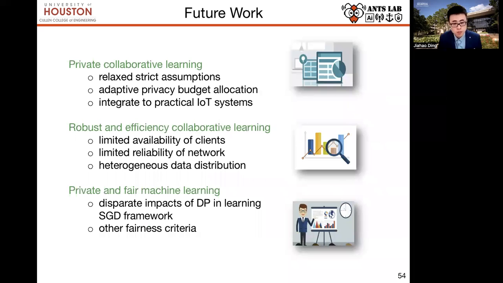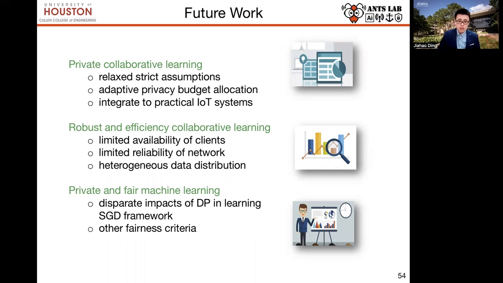In my future work, I will continue my investigation on privacy, efficiency, and fairness of machine learning. For the studies of private collaborative learning, we have proposed several differentially private ADMM based algorithms to balance the trade-off. However, the privacy analysis and the convergence rate of our current approach still rely on the convexity and smoothness of the objective function.